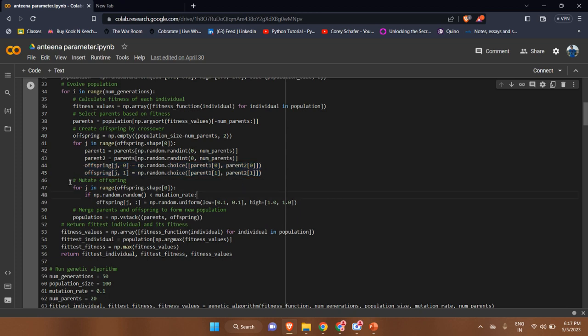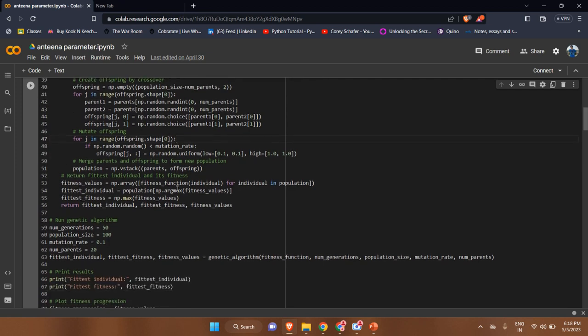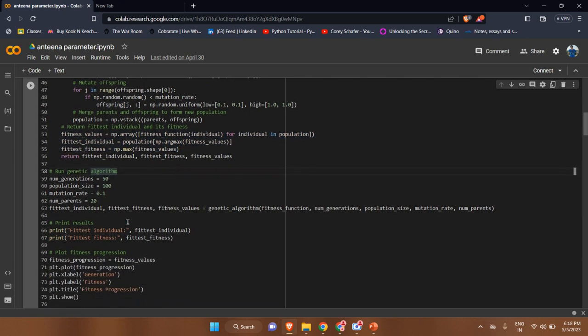And finally we have the mutation of offspring. In this mutation, we take random values at random points and convert them from 0 to 1s and 1s to 0s. And finally we get the fitness values, the fittest individual and the final fitness values.